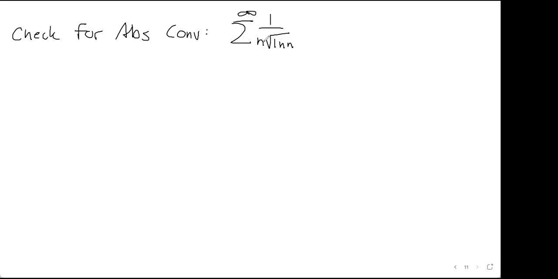Also, the issue is that the bottom is bigger than n, so this fraction is smaller than 1 over n, so that means we can't use the direct comparison test either. And then we've ruled out everything that we possibly can, except for one thing. The test that will actually work here is the integral test.